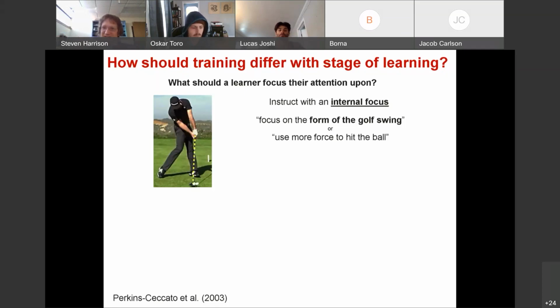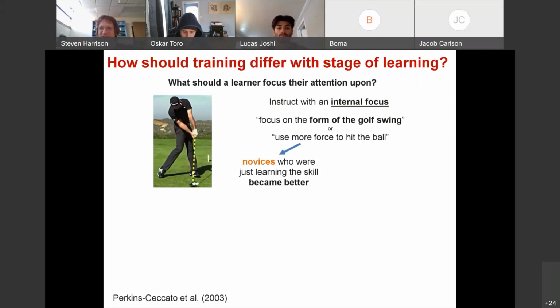So this is asking you to focus on how the action is unfolding, and is going to lead you to attend to the action as it's unfolding.